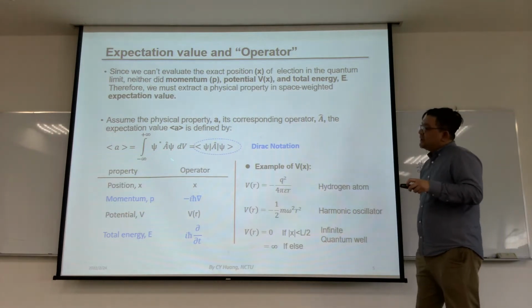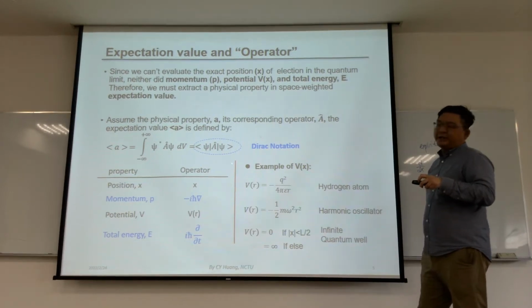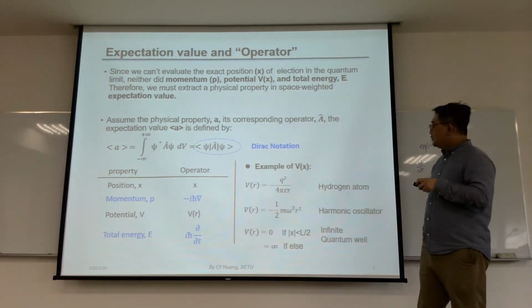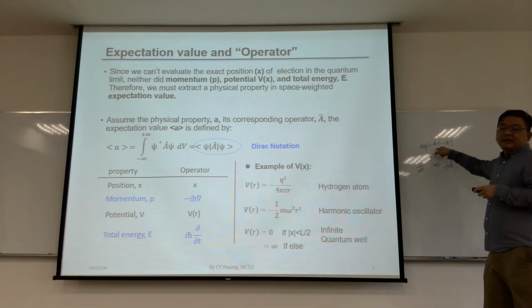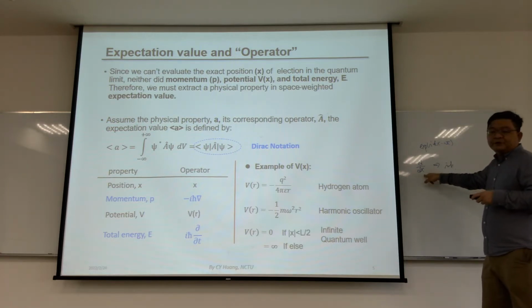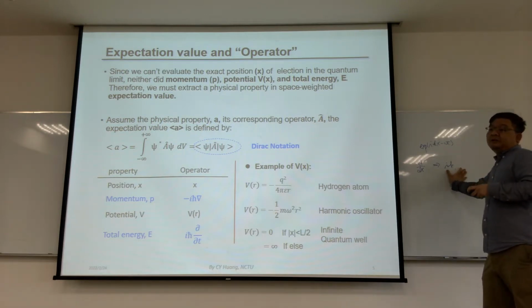So the trick is that you find a corresponding operator which will extract the property out of the wave function. In this case, because we know that the momentum is a function of k, then we can do a differential to extract the momentum out.